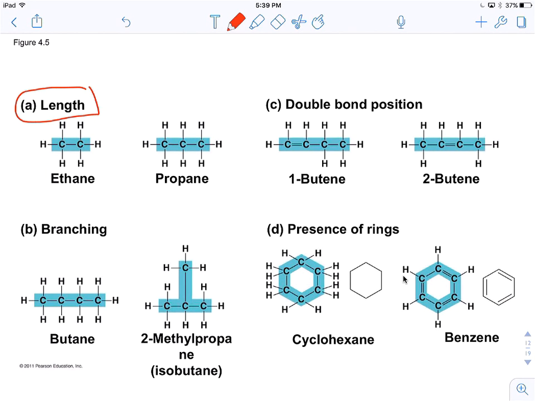They can branch. You can have just a straight line of carbons here with butane, or you can have a branch of carbon chains with 2-methylpropane. And like this, the series of carbons, how the carbons connect to each other, that's called the backbone or the carbon skeleton.